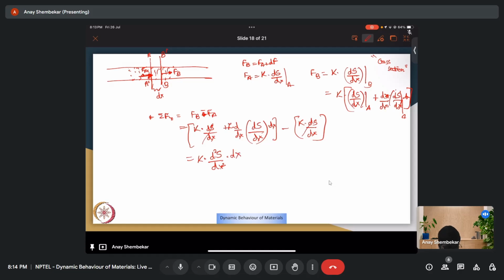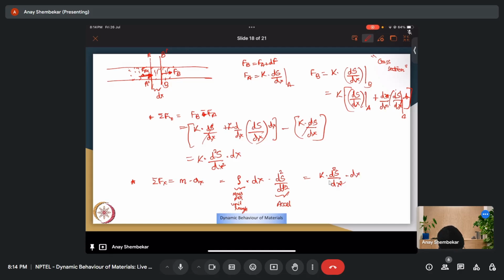This is the net force, and the net summation Fx is mass into ax, where mass is mass per unit length into the length of the thin section, which is dx, into d square s by dt square, the acceleration, which is nothing but k times d square s by dx square dx.